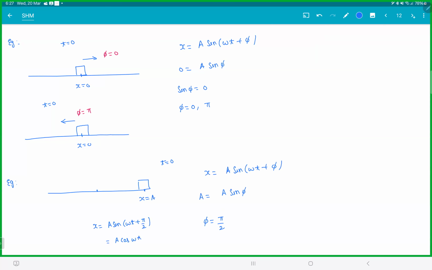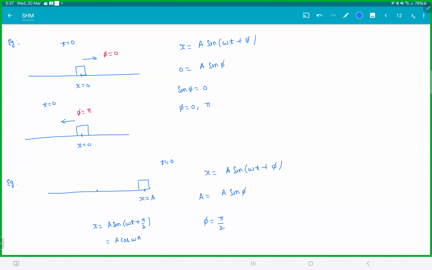Consider a particle going in a circle of radius a with angular velocity omega. Right?